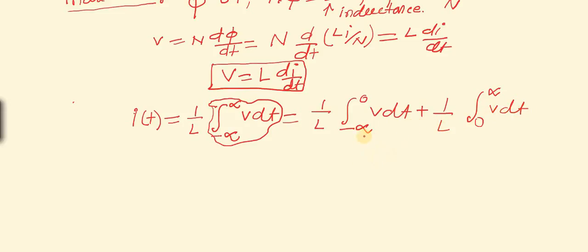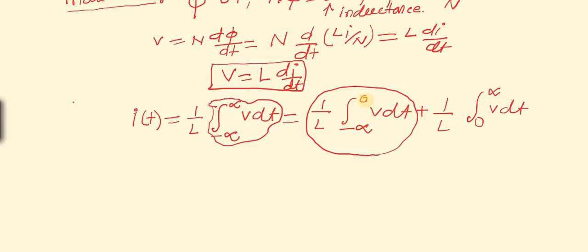You see that this part is the initial value of current which flows through this inductor. That means we can say that an inductor has a past history.